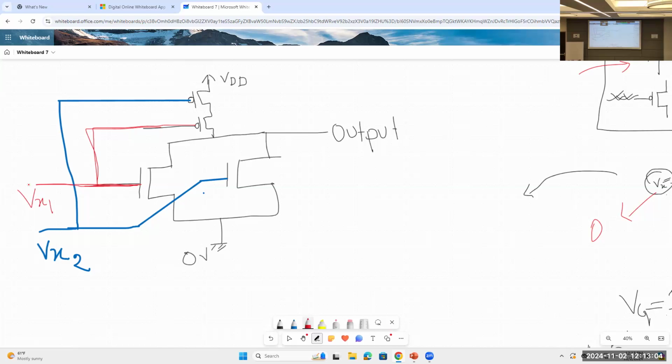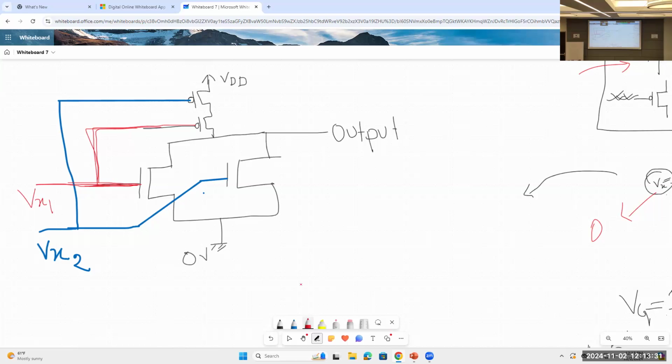Whatever, VX1 comes here, and also VX1 comes to an NMOS and a PMOS, right? This VX1 is shared between an NMOS and a PMOS. And there is another input VX2 which is shared between another NMOS and another PMOS.